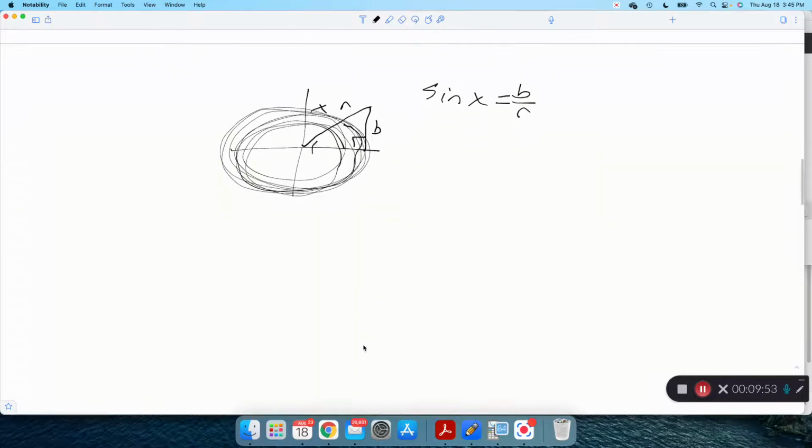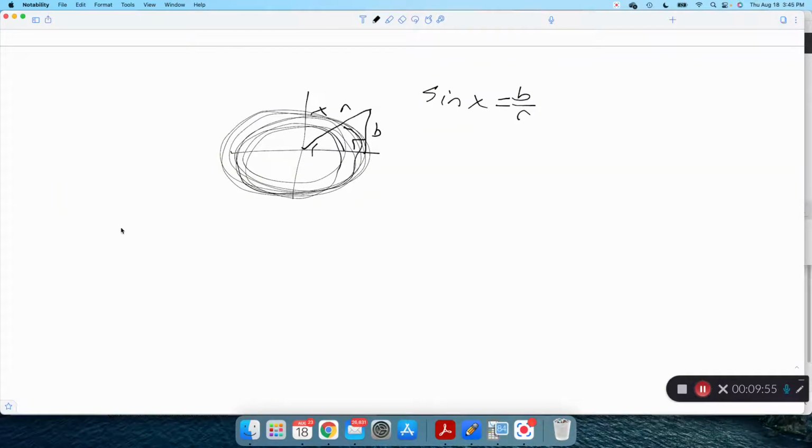So, now we have this brand new function, sine of x. Let's call it f of x equals sine of x. Functions have domains. The domain is the set of all allowed inputs. What kind of x's am I allowed to use here?